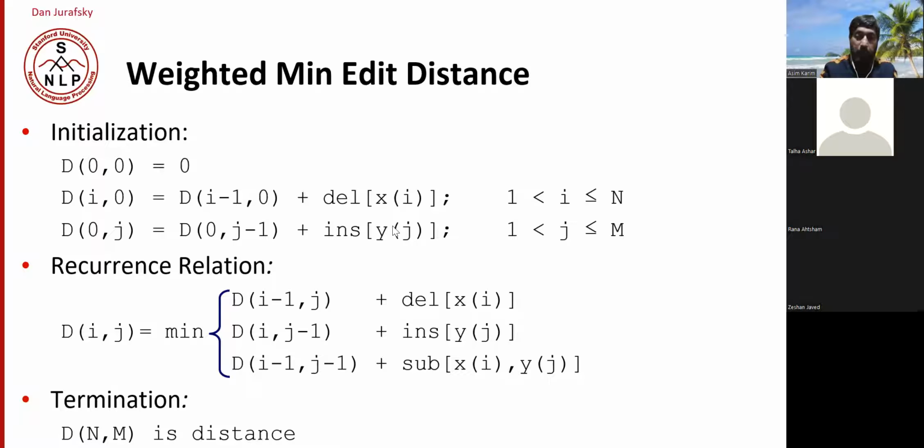And wherever we added the cost of substitution, we will now add the actual cost of substitution. And the algorithm terminates in the same way. At the end of the day, the last cell, the top rightmost cell, would contain the minimum edit distance between these two strings. And of course, this is a weighted form of the edit distance.